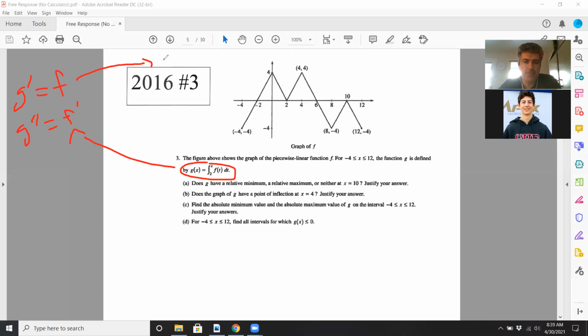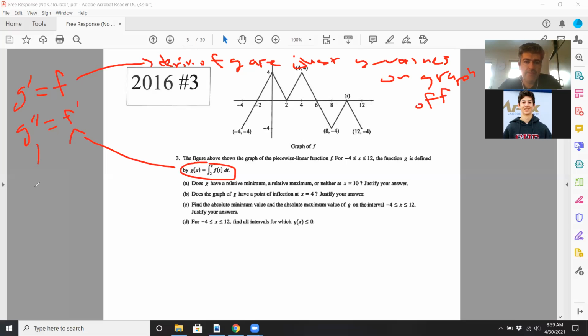So the derivative of g are just y values on the graph of f.